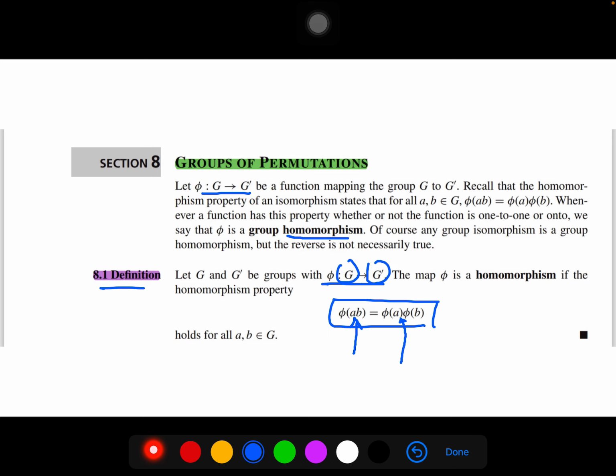So this property will hold for all a, b taken from the group G, so a, b taken from the domain, right? We say that phi of ab equals phi of a multiplied by phi of b.